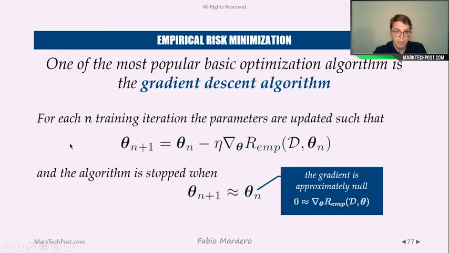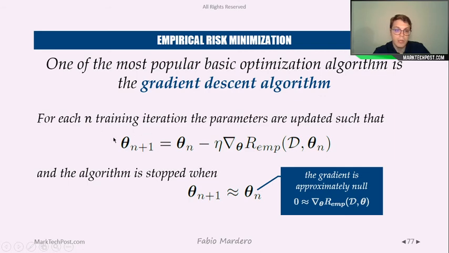One of the most popular basic optimization algorithms, because this algorithm then evolved in more complex ways, is the gradient descent algorithm, in which for each training iteration, the parameters are updated in this way. We take the current parameters, and we subtract the gradient of the empirical risk function times a scalar, a number, eta.